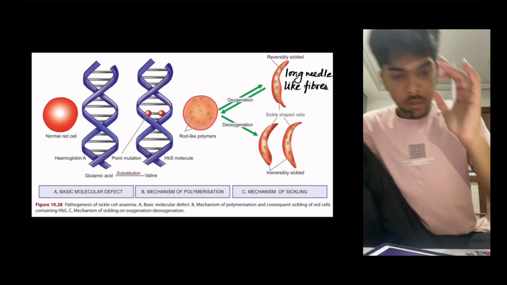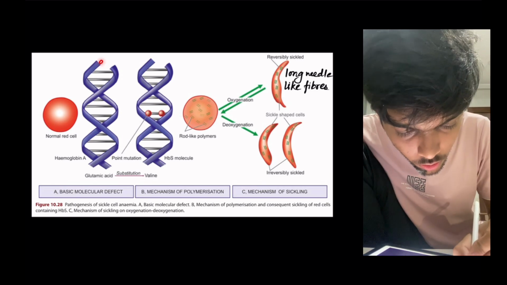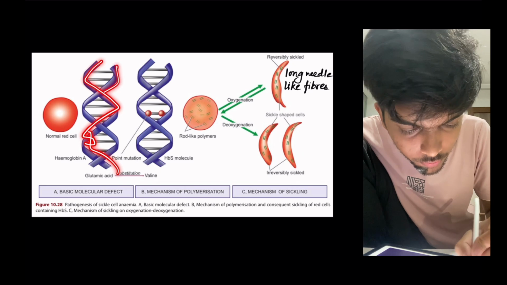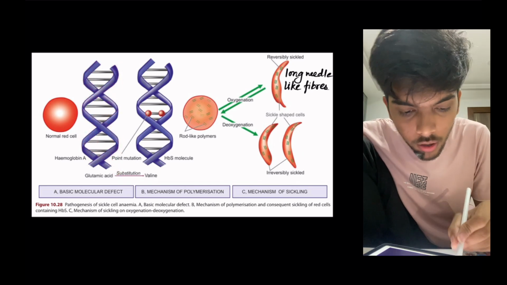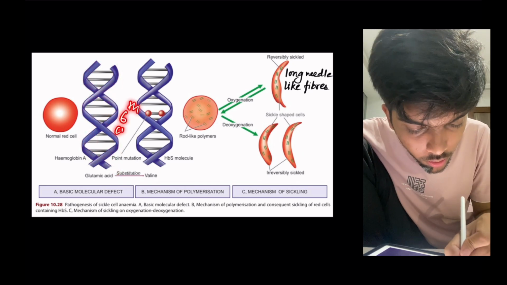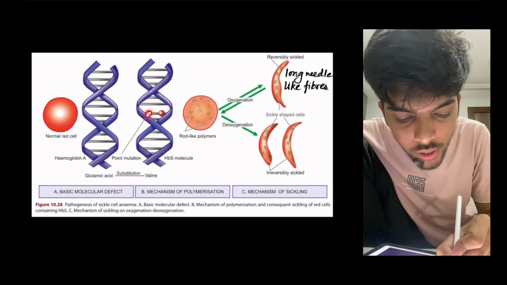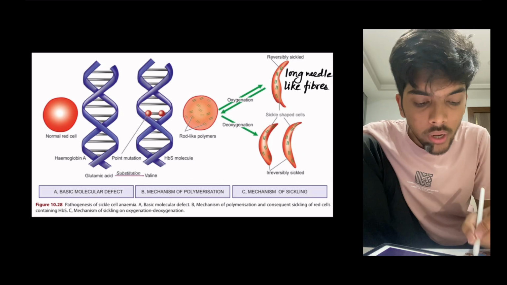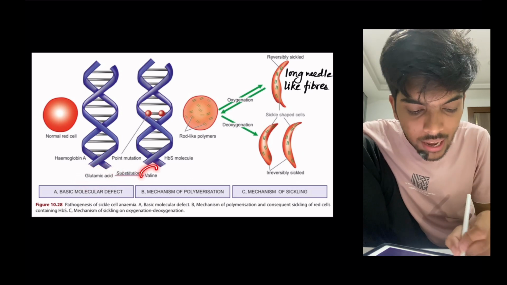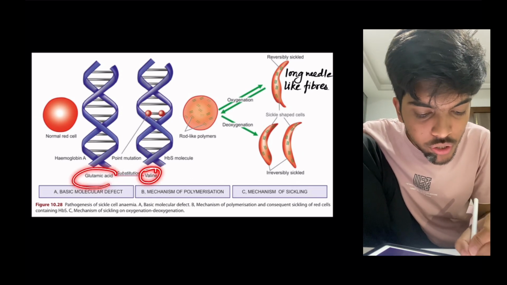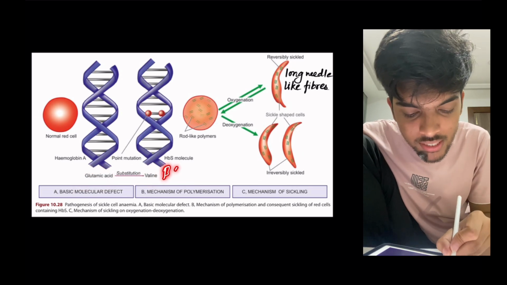So there's your normal DNA, right? At the level of the 6th codon in normal DNA, point mutation occurs. Due to this point mutation, instead of coding for glutamic acid, valine is coded, or valine substitutes glutamic acid in the beta chain.